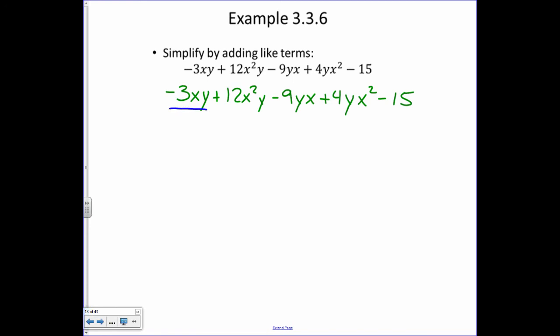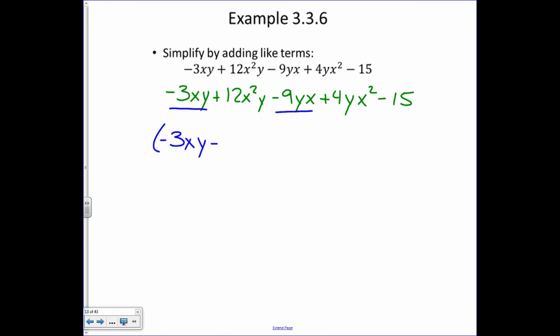Here we have negative 3xy and negative 9yx. Remember that the variables don't need to be in the same order. They just need to be the same variables raised to the same power. Well, there you have x to the first power and y to the first power. And so those are like terms. And so we can just kind of set those off to the side.